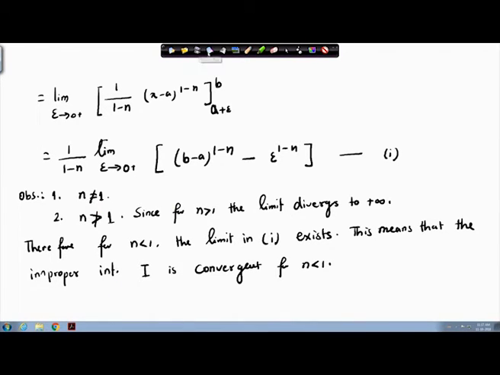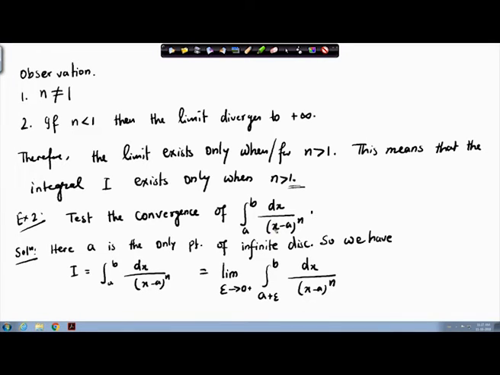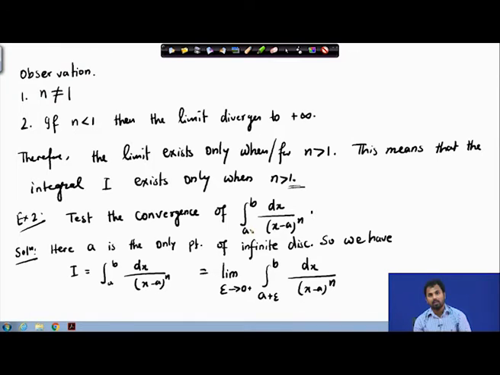So, this one was also a very nice and interesting example, where we had a discontinuity in the function at one of the endpoints, and the convergence of that integral involved this n as a factor.